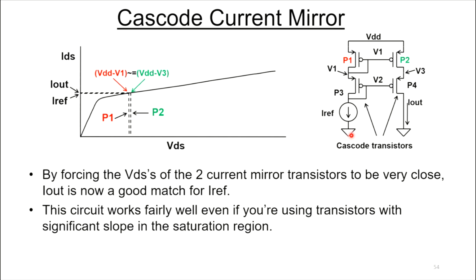What this circuit does is take the two current mirror devices and force them to work at almost the same VDS voltage. So even though you might be on a slope, instead of having one down here and one down here, this cascode configuration forces the two to be almost at the same voltage. That way you get almost the same matched current that you would before.